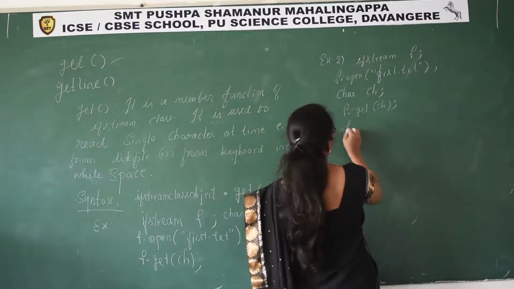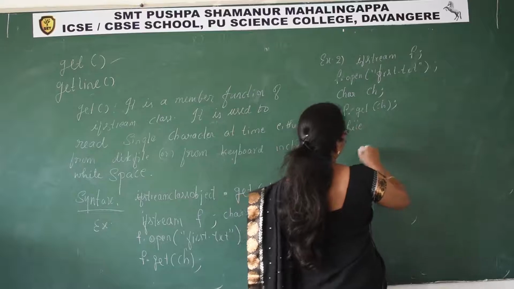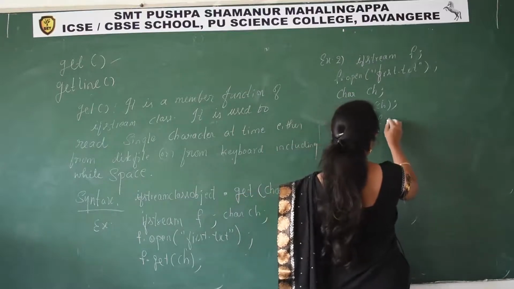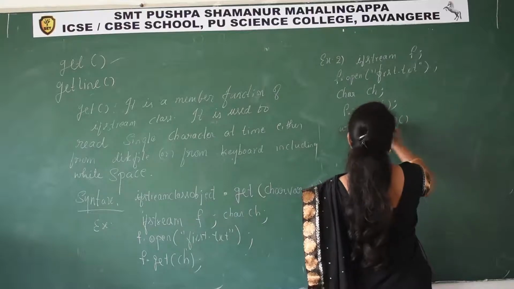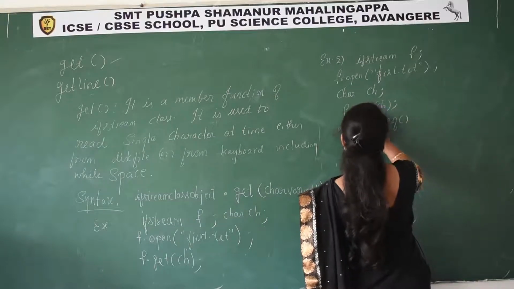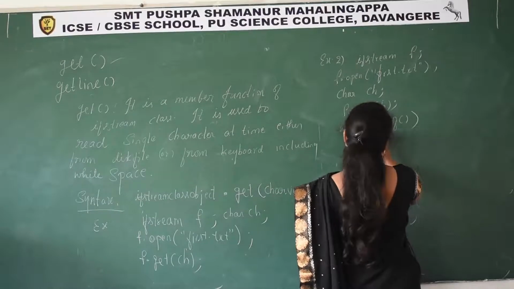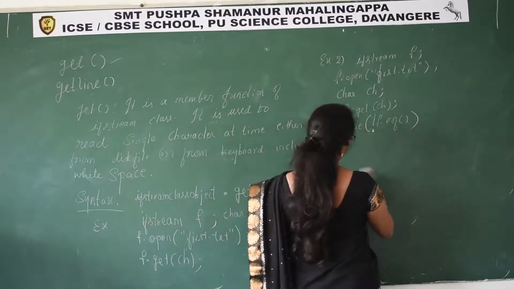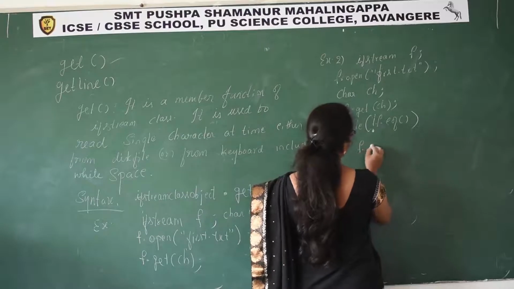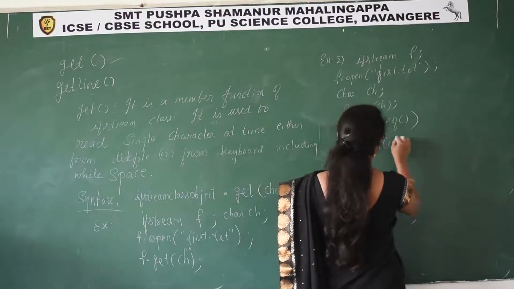So while I am going to read a number of characters here, while not f dot eof, open flower bracket, f dot get of ch.